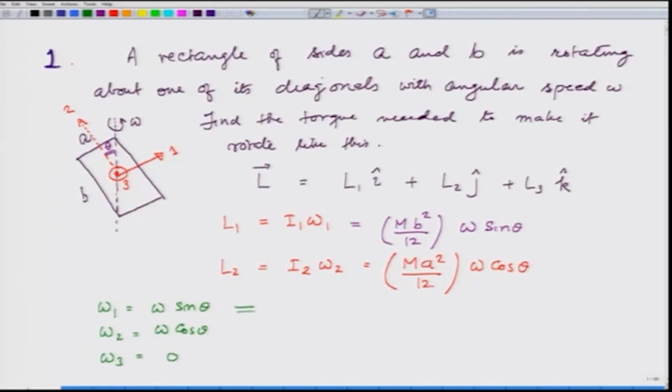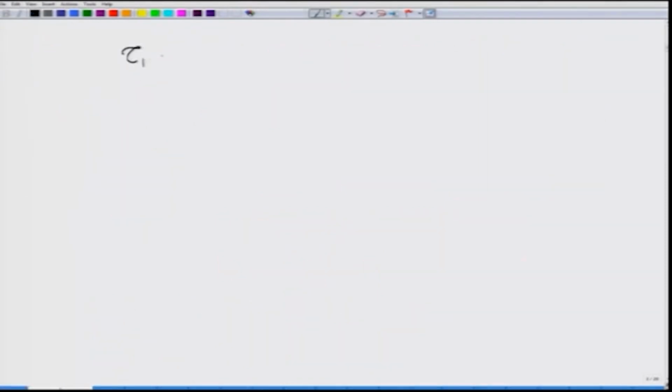This also tells you that omega 1 dot is 0, omega 2 dot is 0, and omega 3 dot anyway is 0, because omega 3 remains 0. Let us now apply Euler's equations to this. So, Euler's equations tell me that tau 1 is going to be I1 omega 1 dot plus omega 2 omega 3 times I3 minus I2.